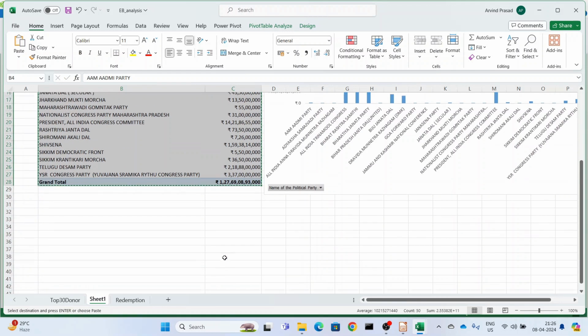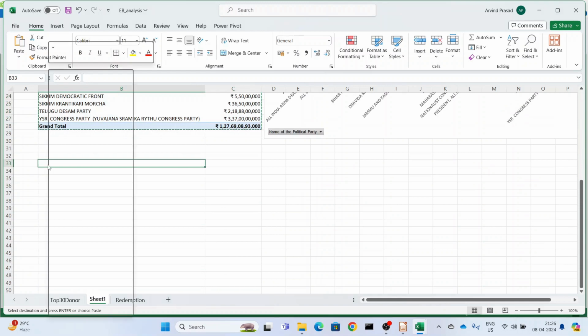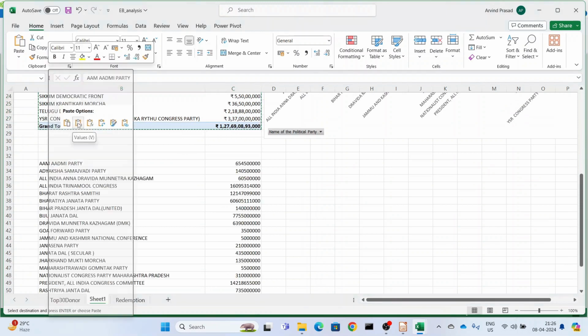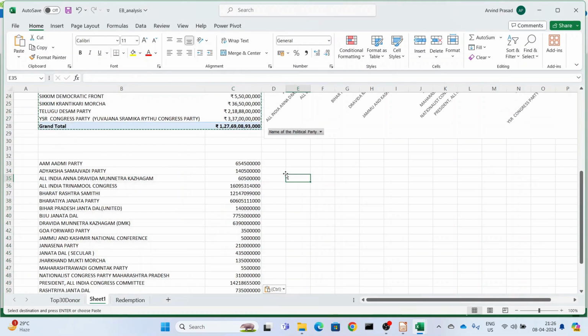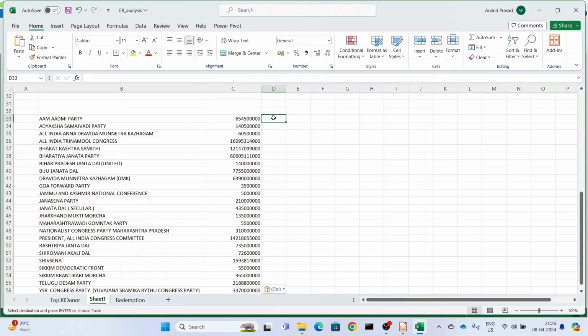Copy it out. Paste it once again here. And take the values here and divide it by 10 raised to 7. And there we are. So this gives a very clear picture of how much money has been received in crores.